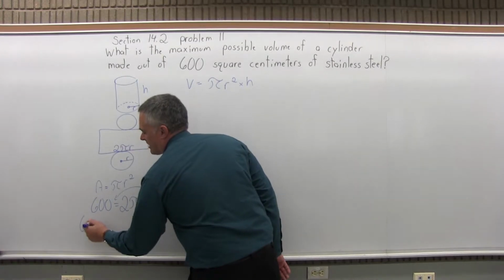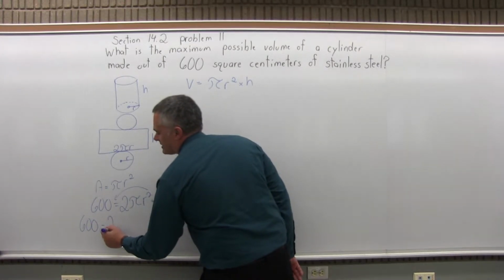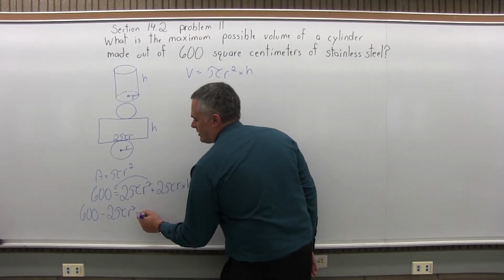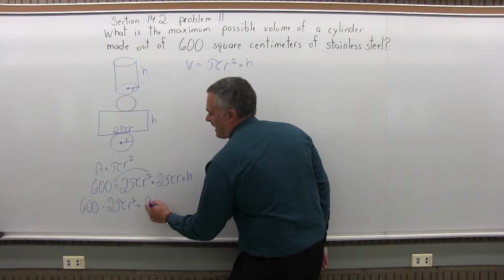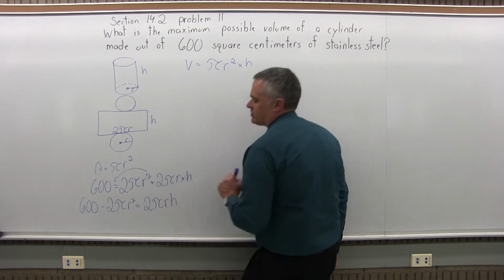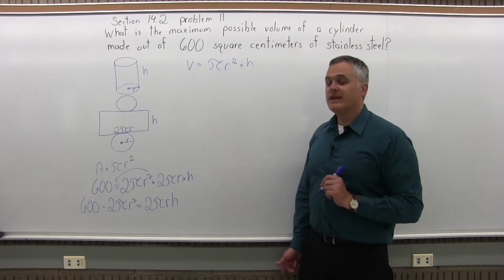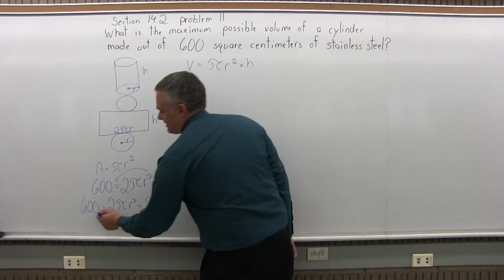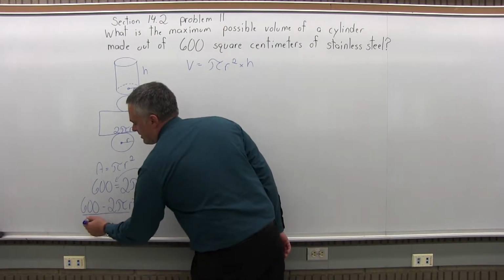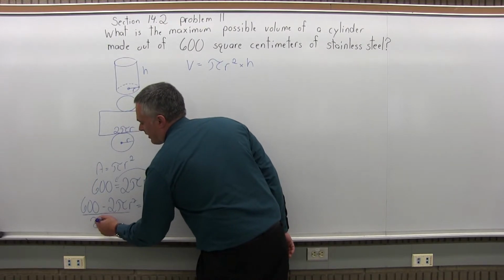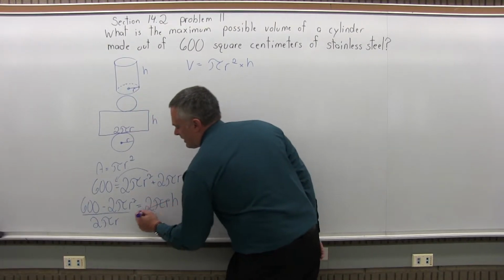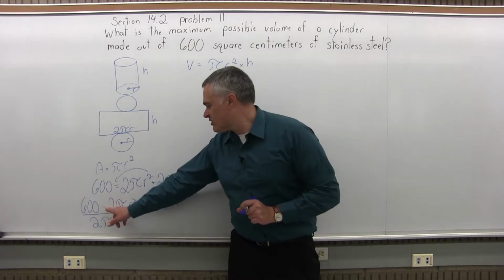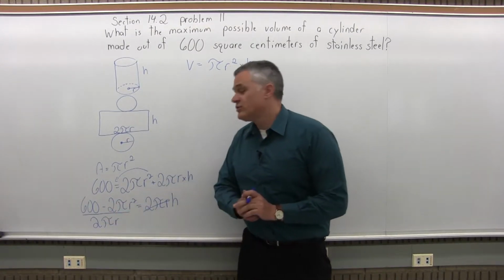So now on the left side of my equation, I'll have 600 minus 2 pi r squared equals 2 pi r h. Now to get the h by itself, divide both sides by the 2 pi r, and it'll isolate the h. 2 pi r goes into the denominator, and it'll cancel on the other side. So h equals 600 minus 2 pi r squared over 2 pi r.